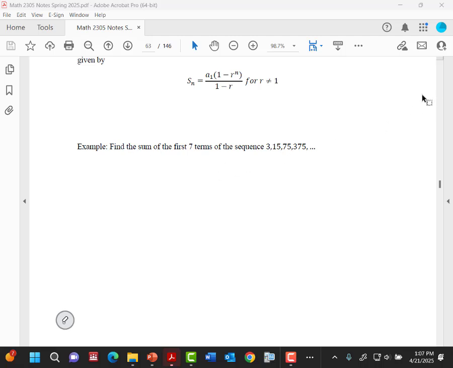Find the sum of the first 7 terms of this sequence. So this sequence is geometric with a1 equaling 3 and common ratio r. Well, let's check. How do you get from 3 to 15? That's times 5. From 15 to 75, that's times 5.